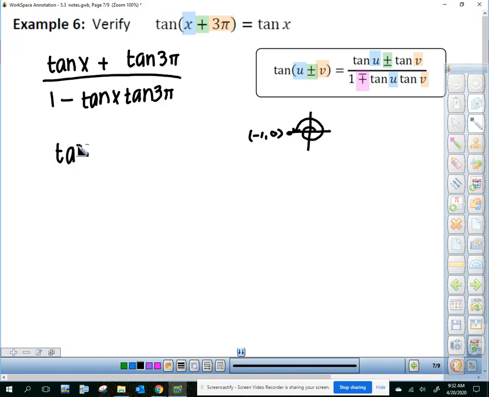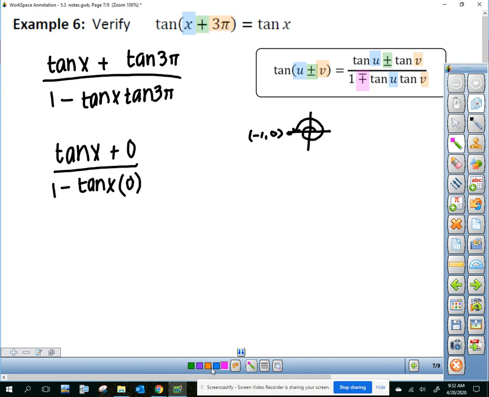So in my numerator, that becomes 0, and in my denominator, it becomes 0. Forgot to do my highlighting for y'all. I'll go back and do that real quick if it's helpful to some of you. So that's how we knew what signs we had. Our x was our u, and our 3 pi was our v.